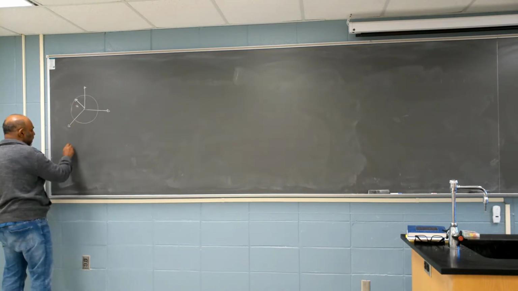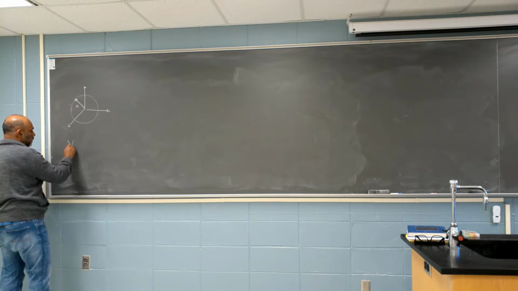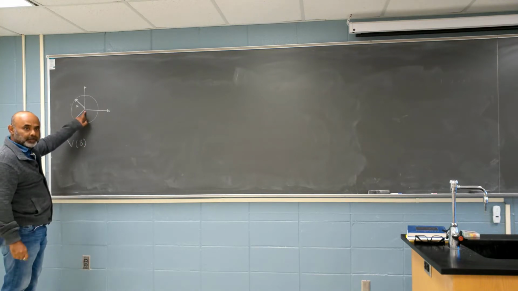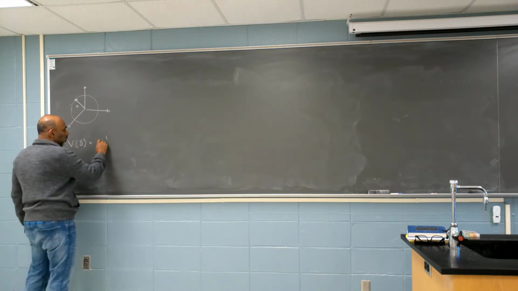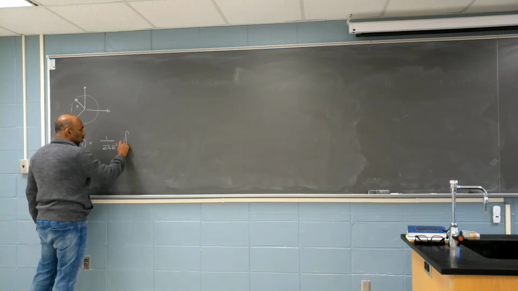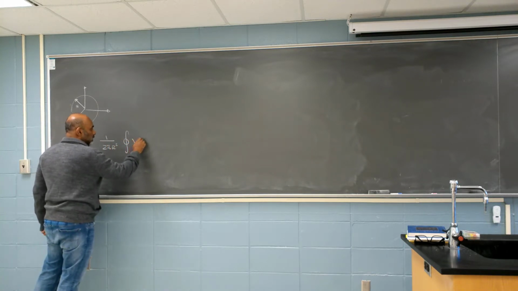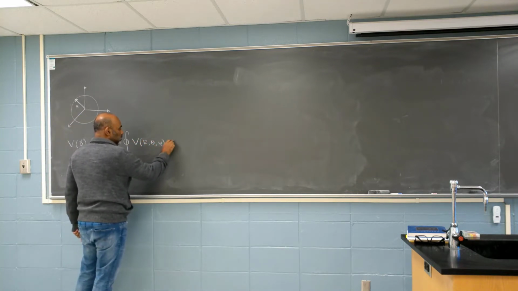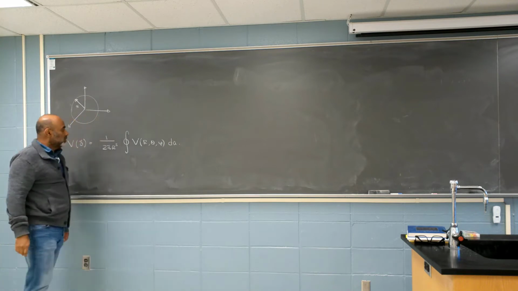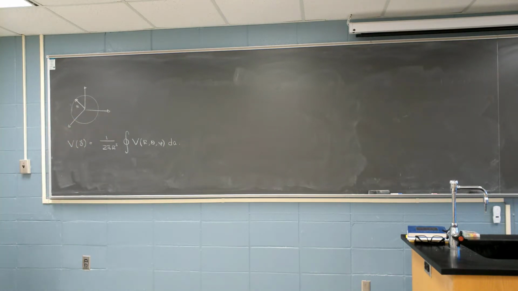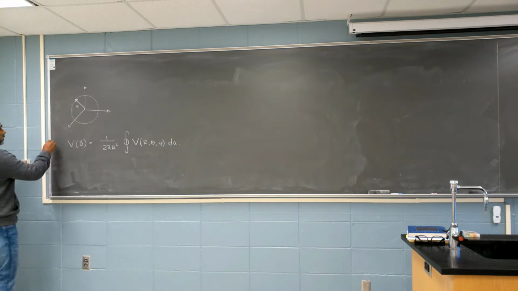Then the claim is the potential at 0, the zero vector, meaning the origin over here, is the average of the potential on the surface of the sphere. So this is the claim.